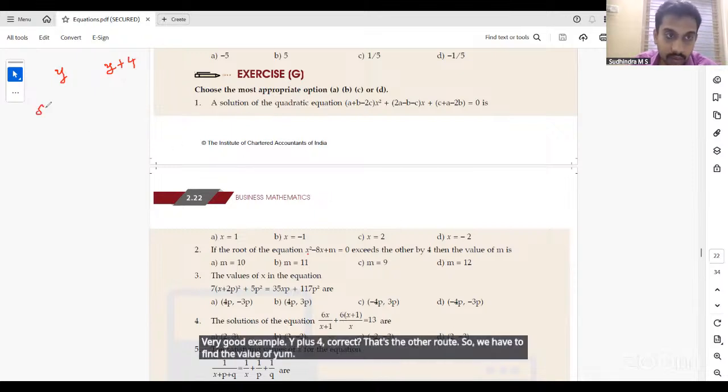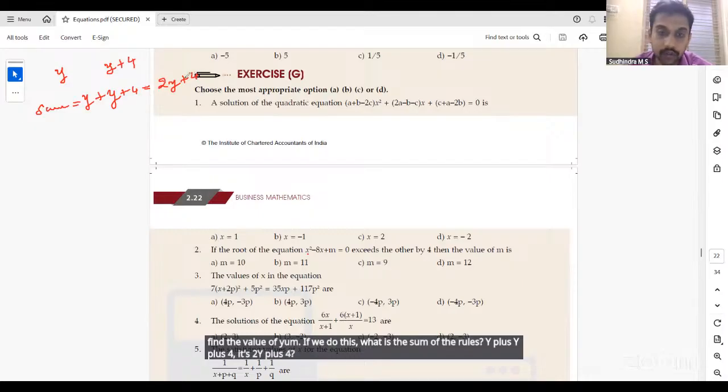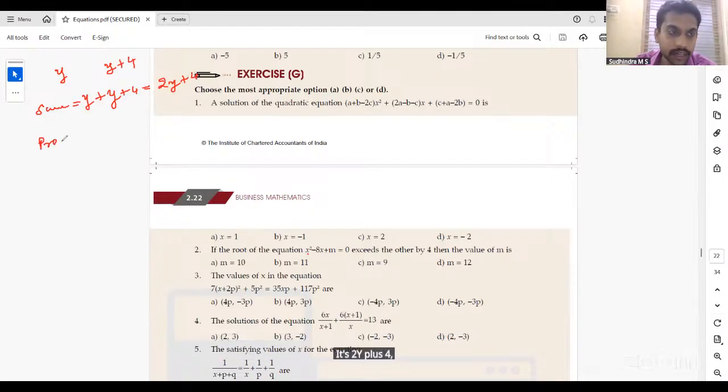If we do this, what is the sum of the roots? Y plus y plus 4, it's 2y plus 4. And what is the product? Y into y plus 4, y square plus 4y.